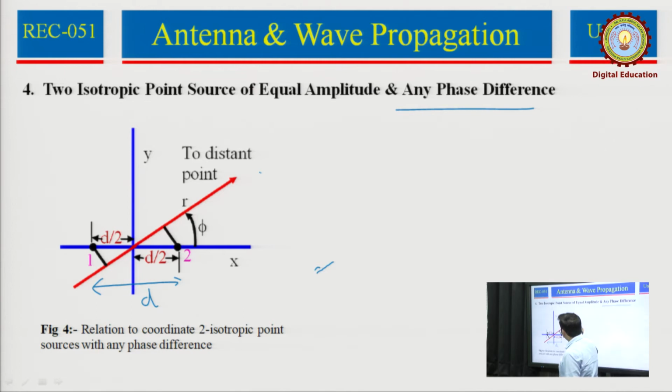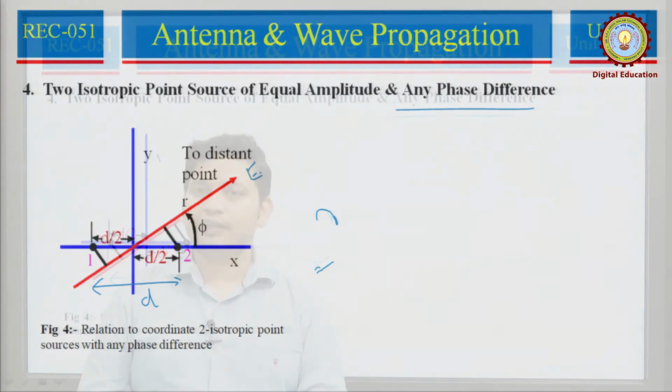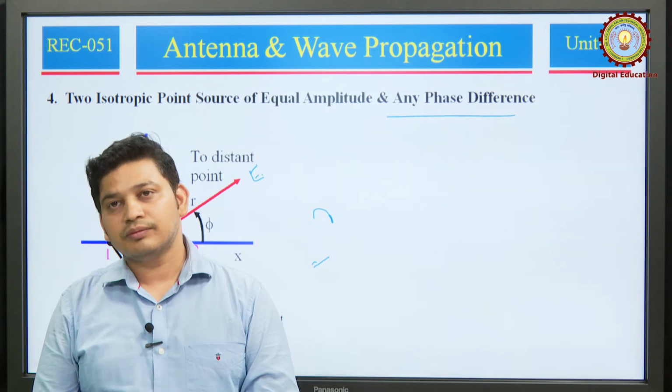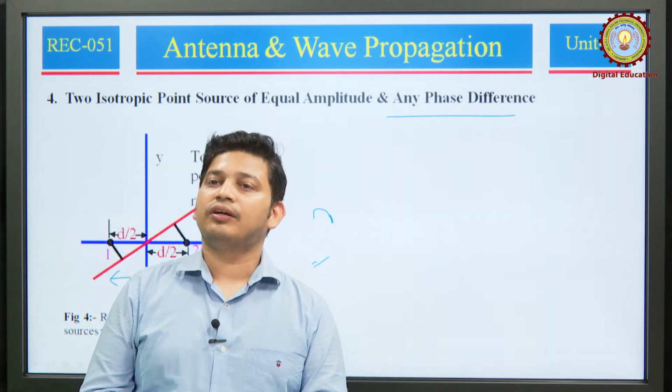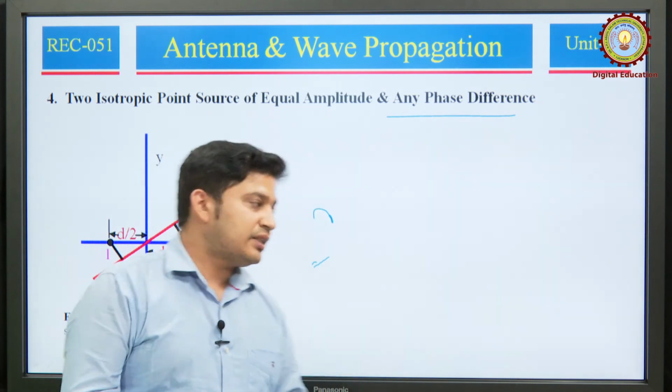So, again we have to find the electric field at the far field. How do we calculate it? Again we have to add the vector sum of the point source 1 field and the point source 2 field, and together when we add the vector sum, that is the net, and then we have to normalize it, same scenario.